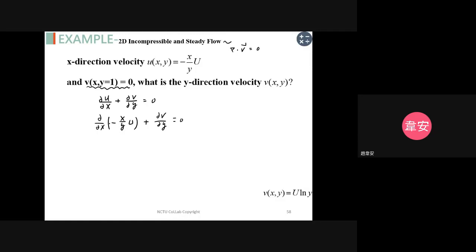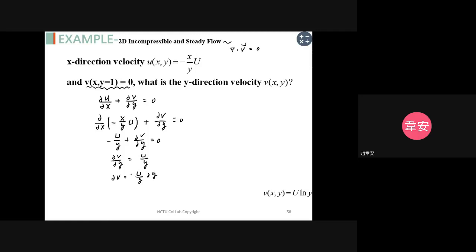Differentiating with x gives minus U over y, plus dv/dy equal 0. Then we move the term to the right-hand side to become U divided by y. So dv is equal to U divided by y dy.